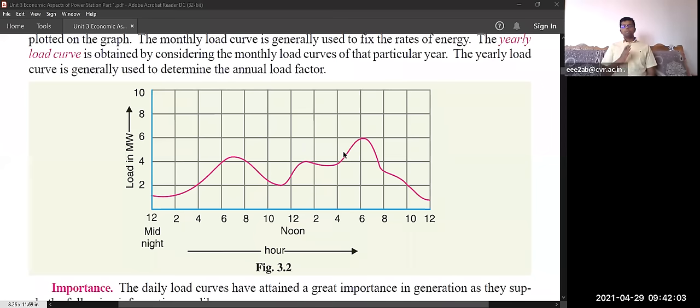Because the load is increasing, and also they know yesterday's load. If they analyze yesterday's load, today's load also might be approximately the same. Somewhat it might vary. If the climatic condition is the same, like it is very hot outside, they will go for the same generation with somewhat extra. Otherwise they may generate the same power only.